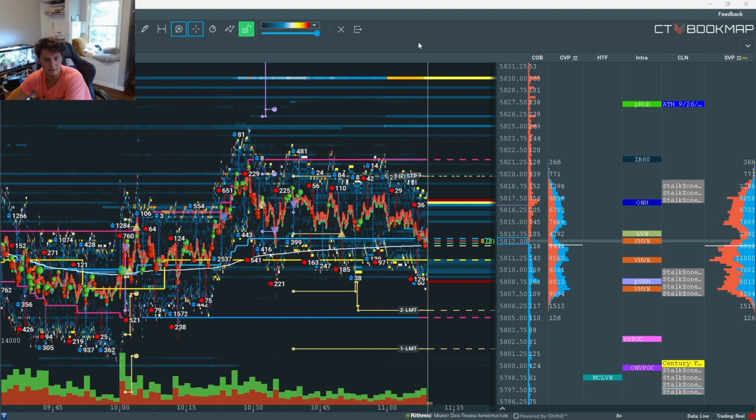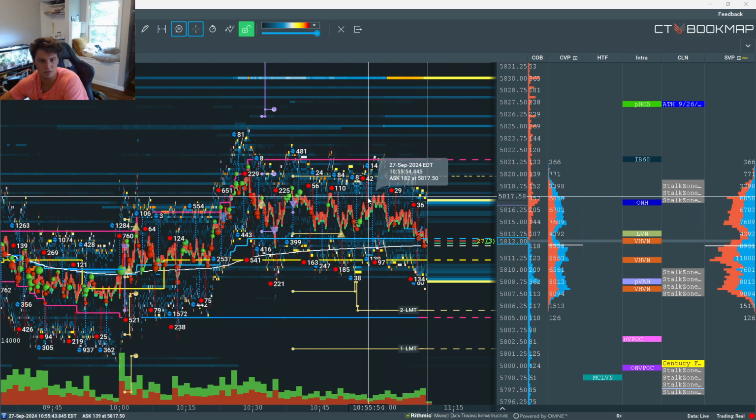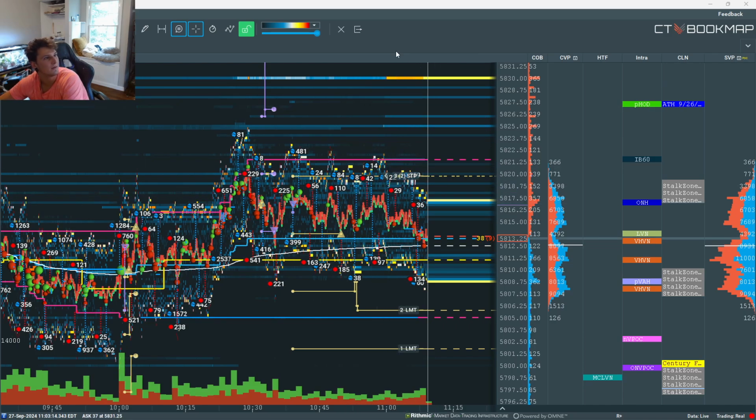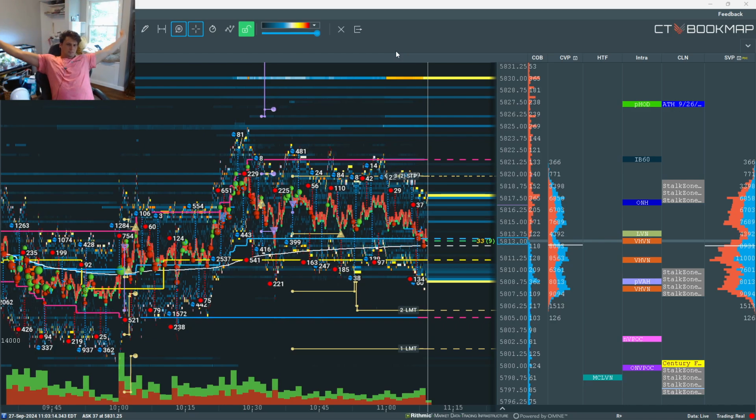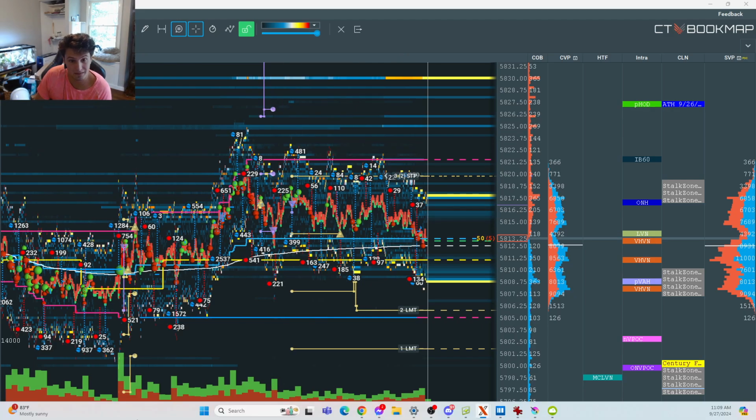Market's kind of struggling to get away from this area. But this is also saying too high. May just grind it out lower for mean reversion, or we could pop back in.